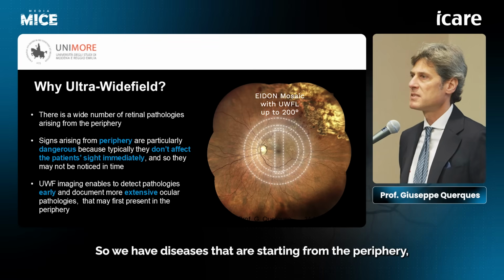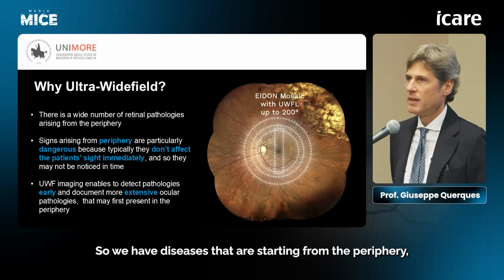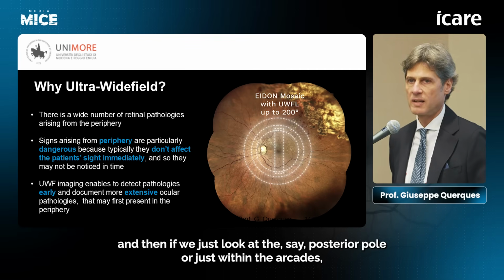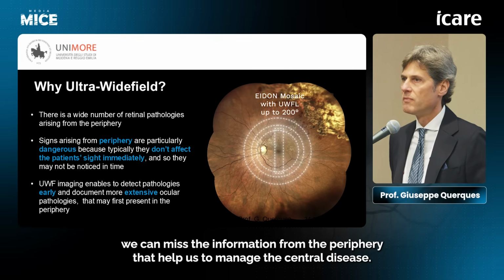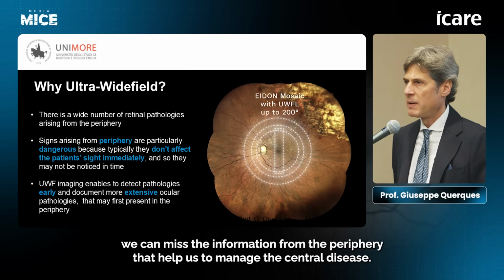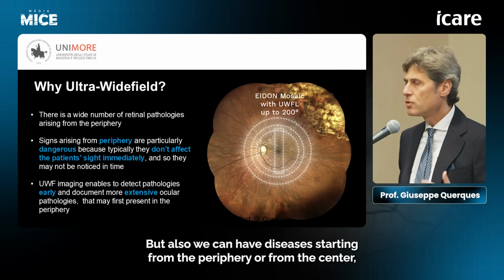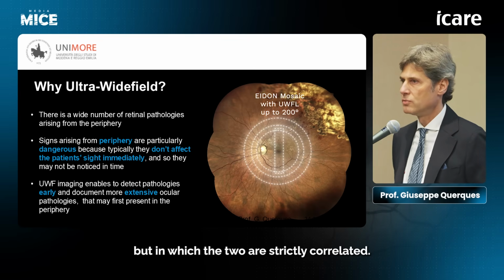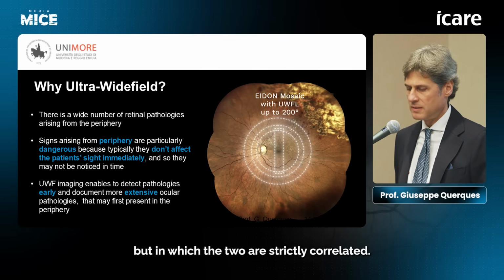So we have diseases that are starting from the periphery, and then if we just look at the posterior pole, or just within the arcades, we can miss the information from the periphery that help us to manage the central disease. But also we can have diseases starting from the periphery or from the center, in which the two are strictly correlated.